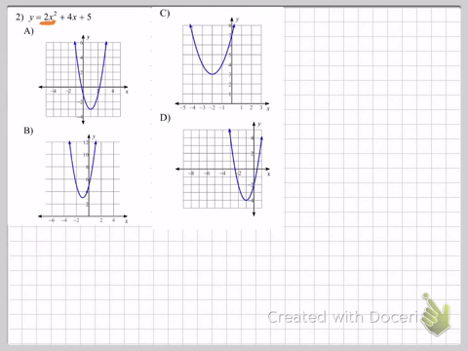We want to identify which graphs do not have the appropriate y-intercept. Now, just like when we were working with linear equations, in order to find the y-intercept, we want to go ahead and make our x value 0 and solve.